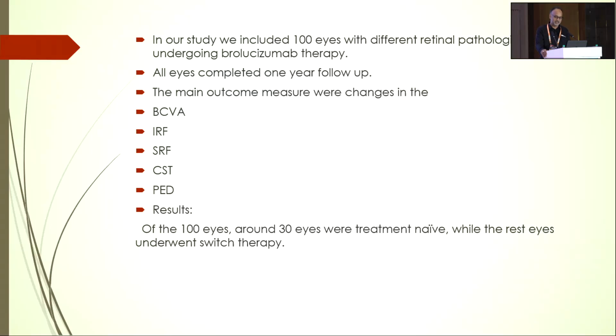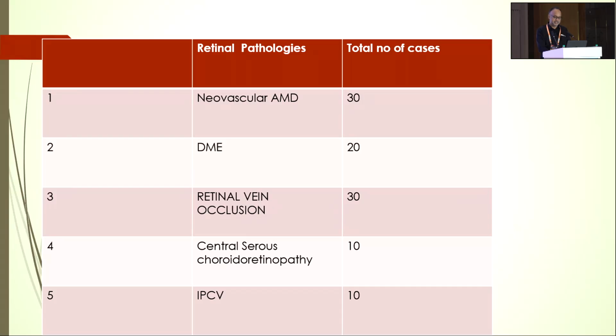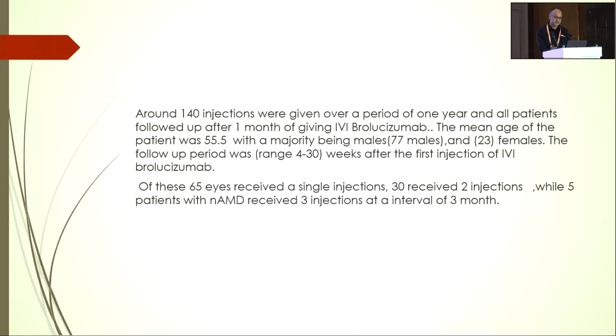So we have analyzed the data of around 100 eyes, and the main outcome measures were BCVA, intraretinal fluid, subretinal fluid, central subfoveal thickness, and pigment epithelial detachment. Most of the patients had AMD and CRVO.